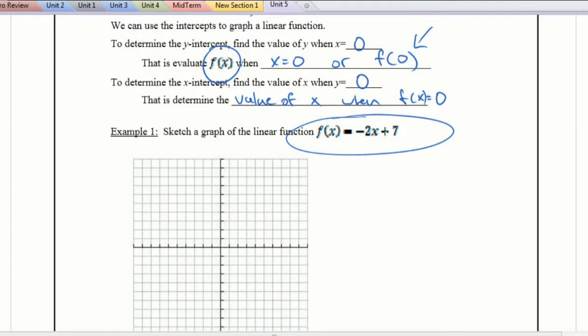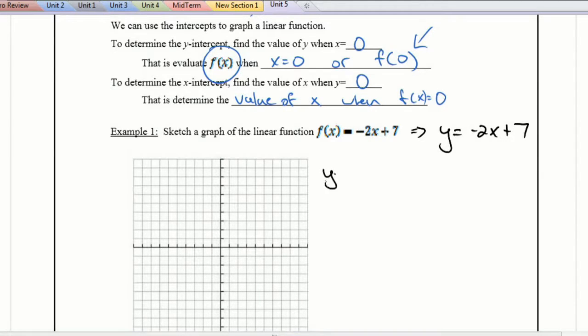So let's just look at an example. I'm sure I've confused you all with function notation. Here's the equation of a line, negative 2x plus 7. Instead of writing it as f of x equals negative 2x plus 7, for simplicity's sake, let's change it for now to y is equal to negative 2x plus 7. You've dealt with equations in x and y before, so that'll make everything a little easier.